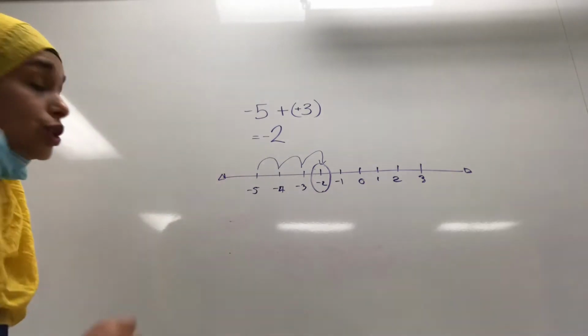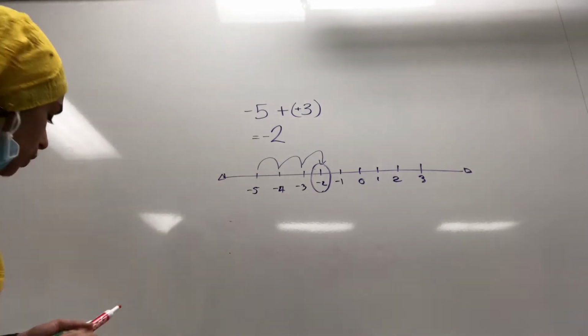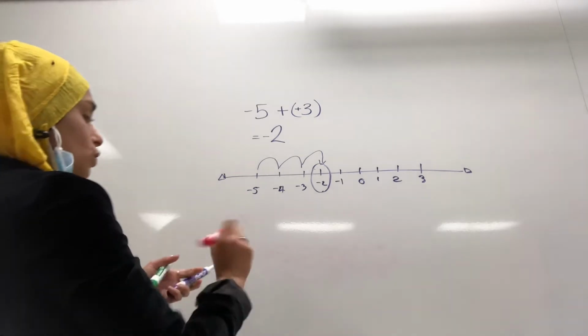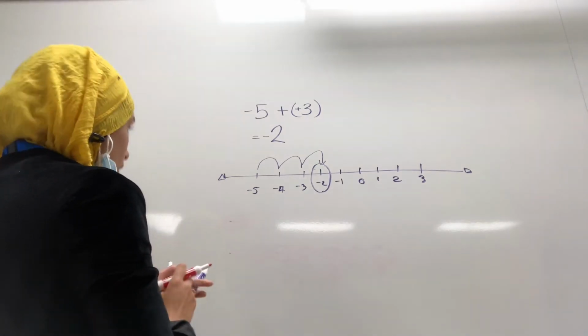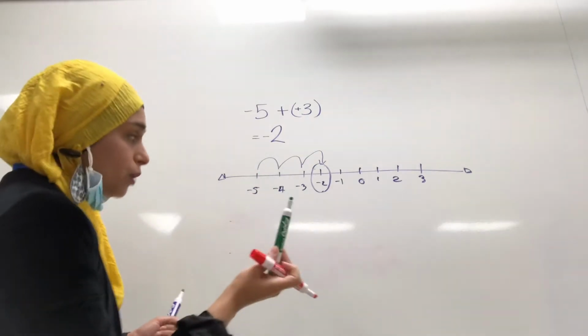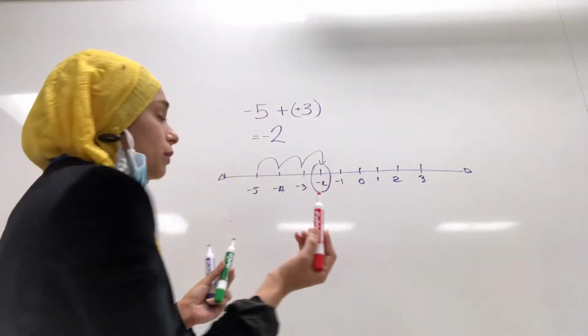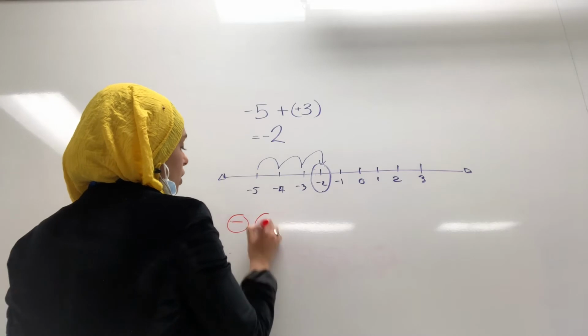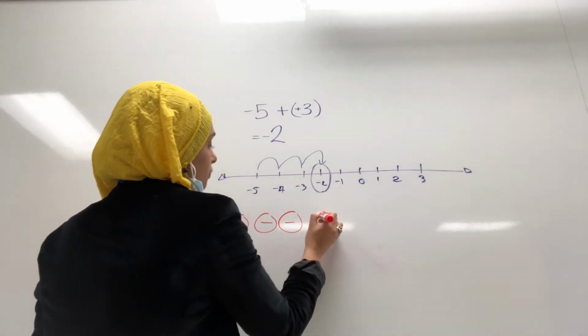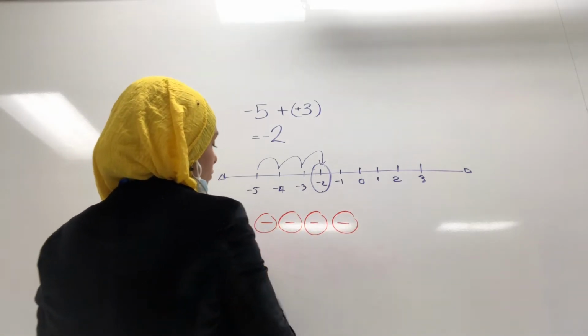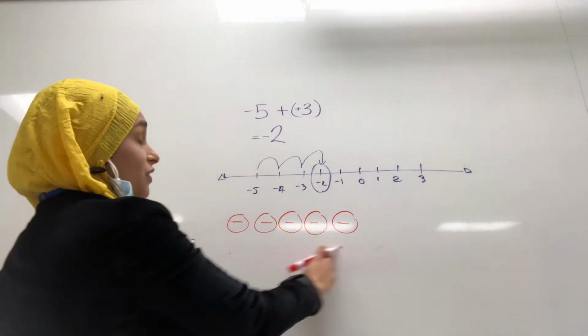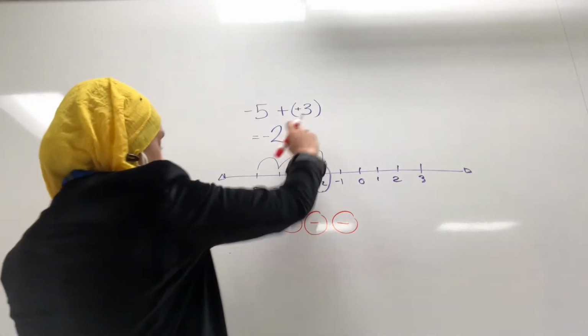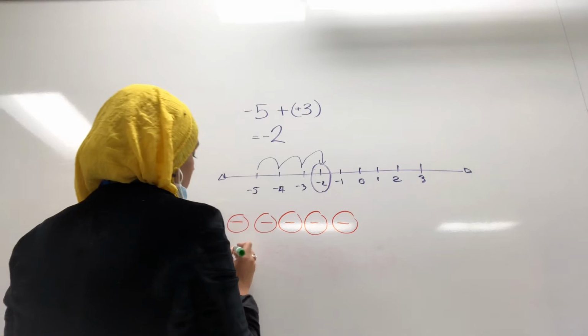So now I'm going to show it to you with the chips. So we've done it with the 2 processes. We're going to do it with the last one. Again, I'm using my green for my positive chips, my red for my negative chips. I'm starting off with 5 negative chips. So I have my 5 negative chips. I'm adding 3 positive chips.